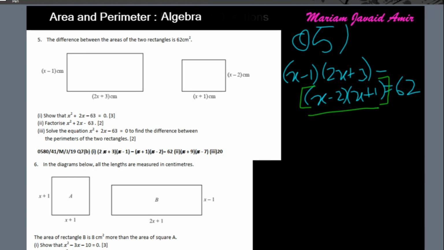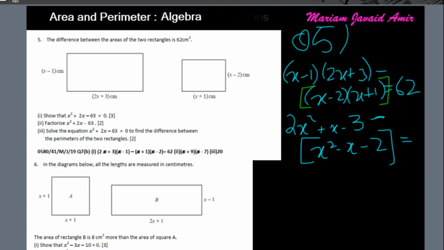that this negative will change the signs of all the values here. So opening the first brackets directly, I would get 2x square minus 2x and plus 3x will make plus x, and then minus 3. I've directly simplified it. Minus brackets x square minus 2x plus x will make minus x, and then minus 2 equals 62.